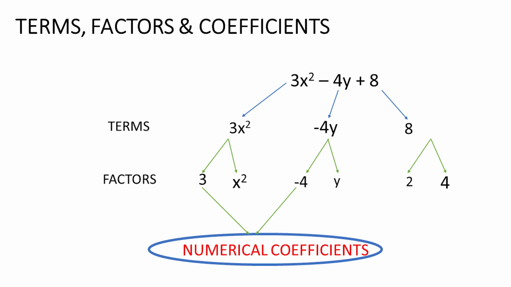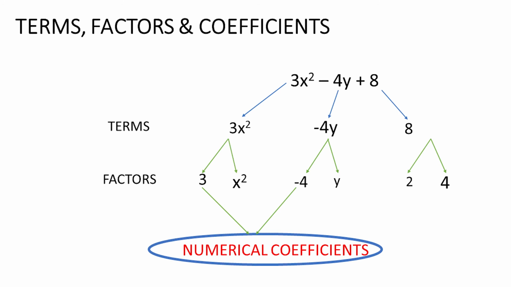The number which is written at the side of a variable is called numerical coefficient. So in the first term 3x square, the 3 is written alongside the variable x square. So 3 is the numerical coefficient. In the second term negative 4y, negative 4 is called the numerical coefficient.